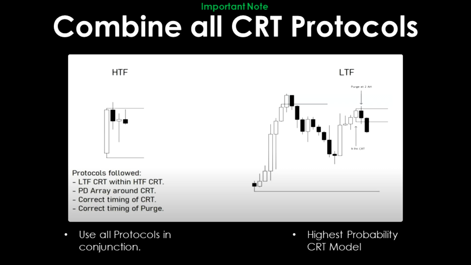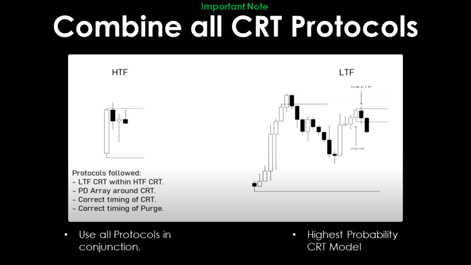In this example, we can see that on the higher time frame, we have one CRT, and on the lower time frame, we have another. The protocols being followed include a lower time frame CRT within a higher time frame CRT. We can observe that there is a PDRA around the CRT on the lower time frame, which takes the form of an order block.